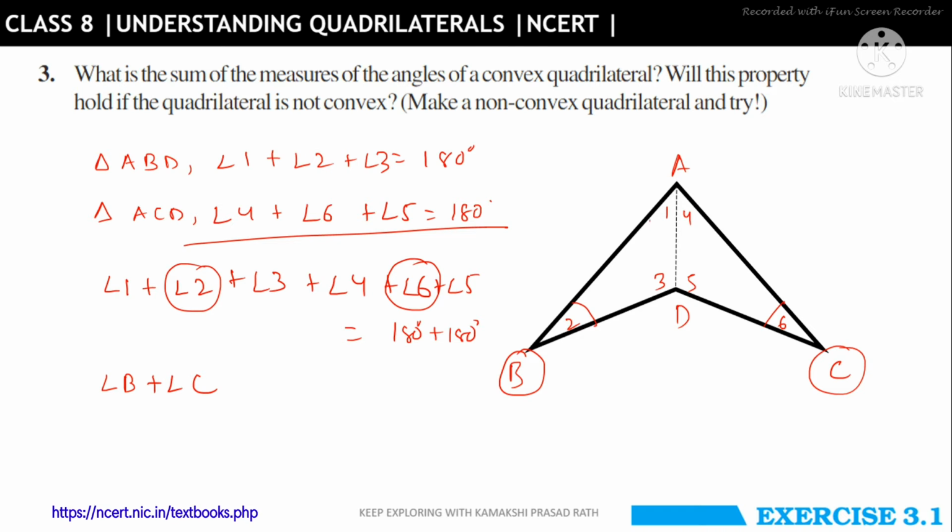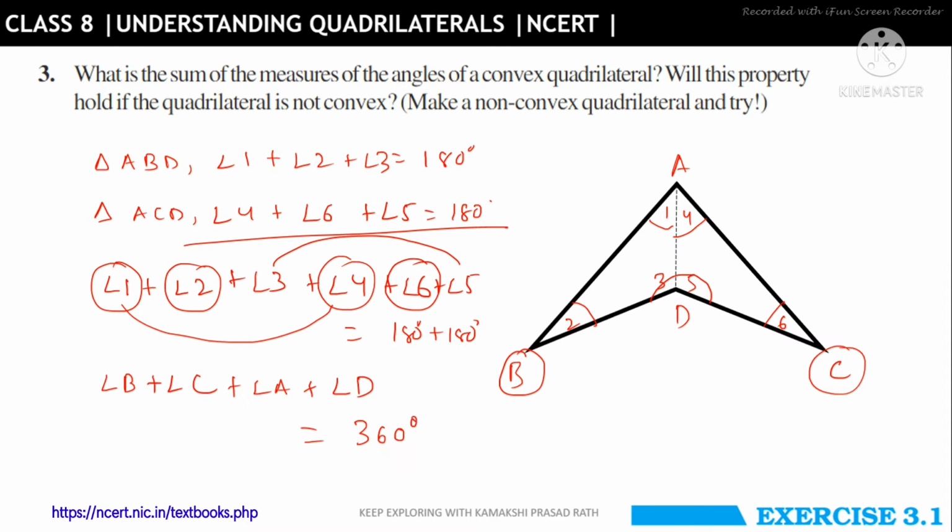A is nothing but angle 1 plus angle 4. Angle 1 plus angle 4 will give you angle A. And similarly, angle 3 plus 5 gives you angle D. So D is nothing but angle 3 plus 5. So in total, 180 plus 180, we get 360 degrees on the right hand side.